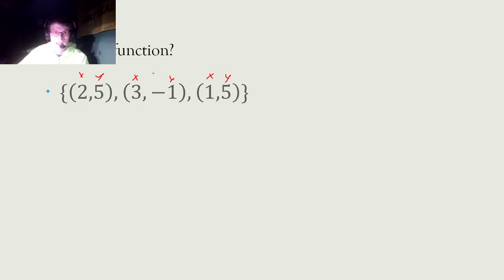If two of these x values were the same, it would not be a function. What I see here is the x values are all different, okay? So that means that this is a function, right? If I had another point that was (1, 2), this would not be a function because 1 and 1 are the same x value. But I don't have that, so this is a function.